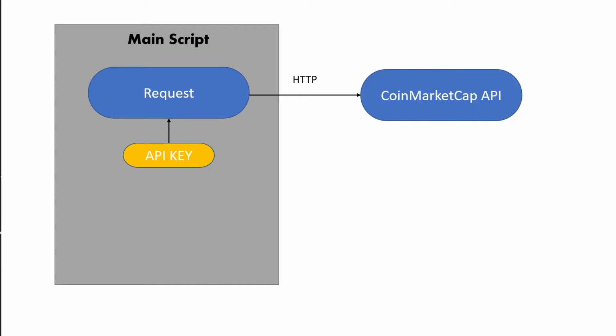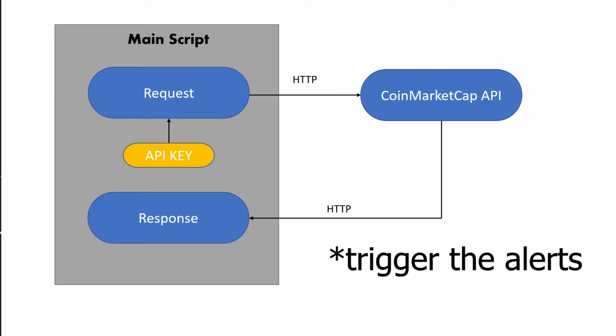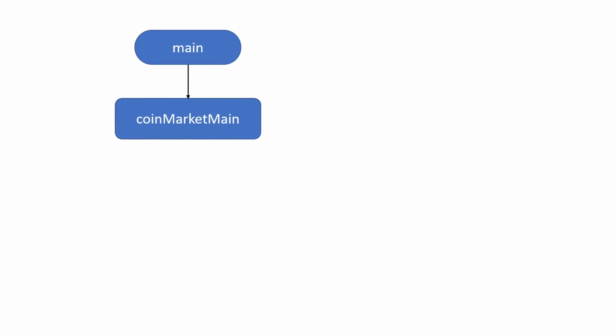And as I said before, it is going to communicate with the CoinMarketCap API that is going to give us back a response. We will treat that response to do the alerts that we want, and in our script we will have a main function that we'll call a CoinMarketMain method, which then faces a logical decision.